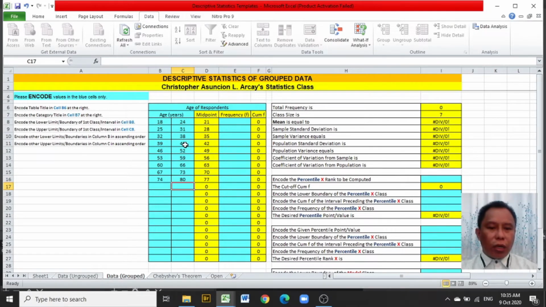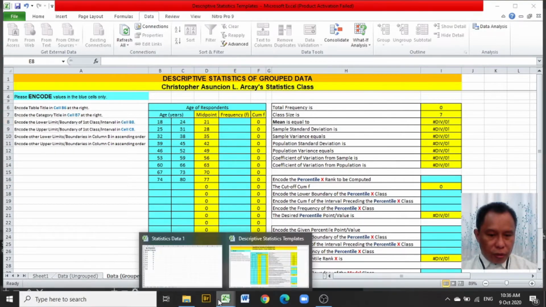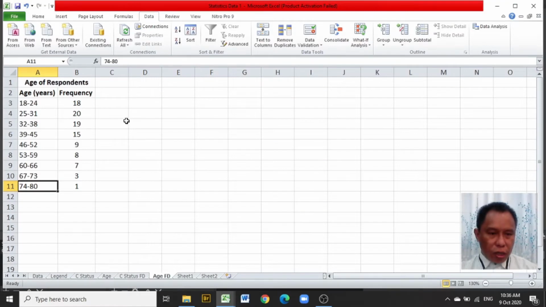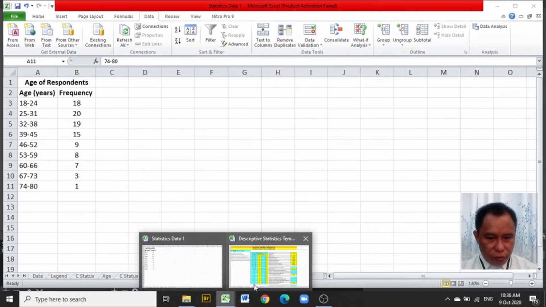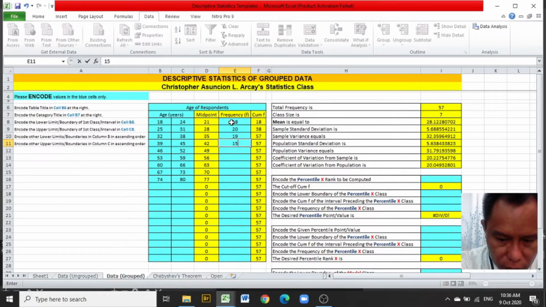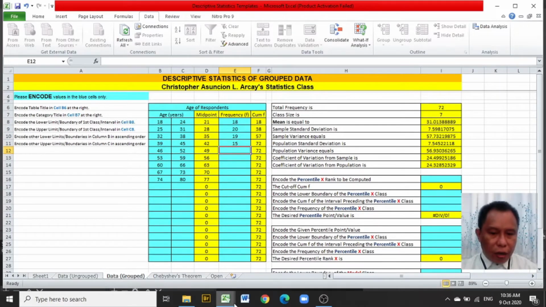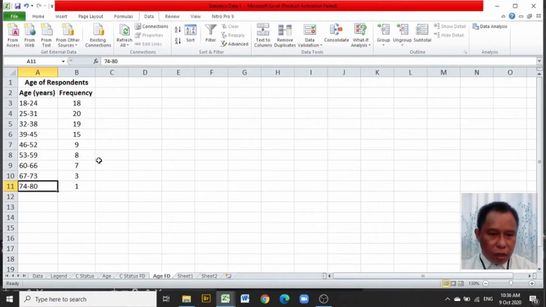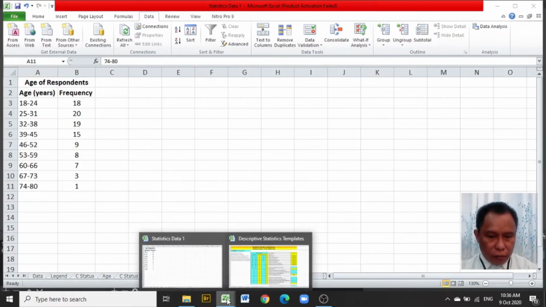After encoding the lower and upper limits or lower and upper boundaries, encode their respective frequencies. So the frequencies 18, 20, 19, 15. Followed by the frequencies 9, 8, 7, 3, 1.